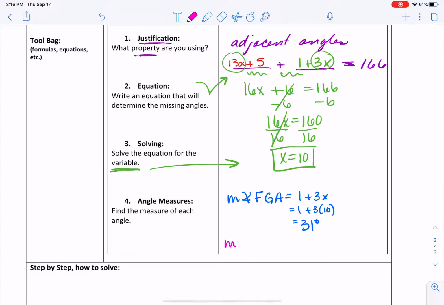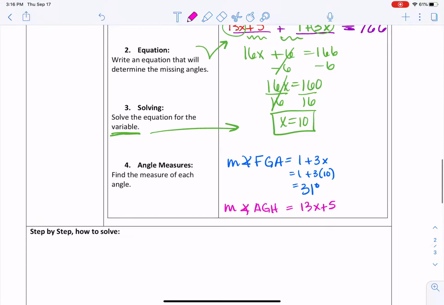The measure of angle AGH was 13x plus 5. I now know that that's 13 times 10 plus 5. That's 135.